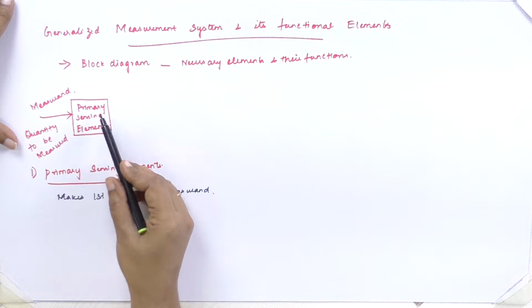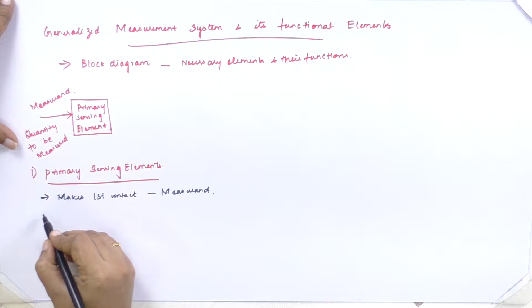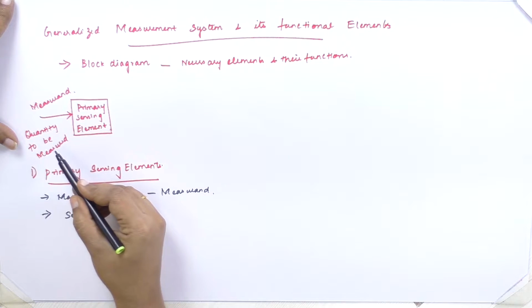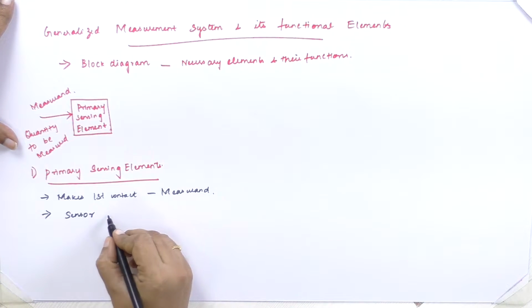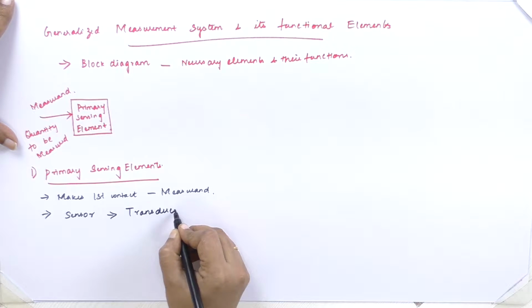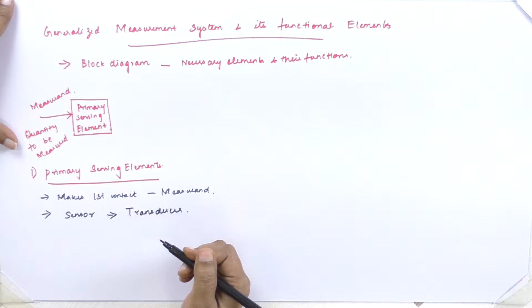In most cases, the primary sensing element will be the sensors which are used to sense the physical quantities which are to be measured. Following the sensor, there will be a transducer in most cases in the primary sensing element.